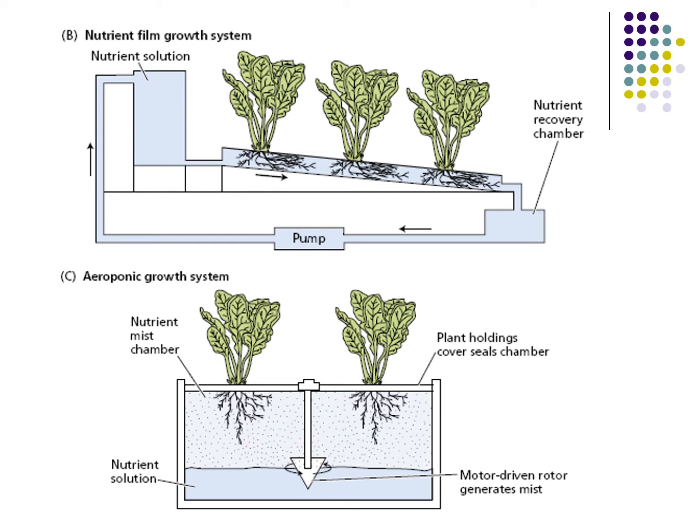This approach provides easy manipulation of the gaseous environment around the root, but it requires higher levels of nutrient than hydroponic culture does to sustain rapid plant growth. For this reason and other technical difficulties, the use of aeroponics is not widespread.